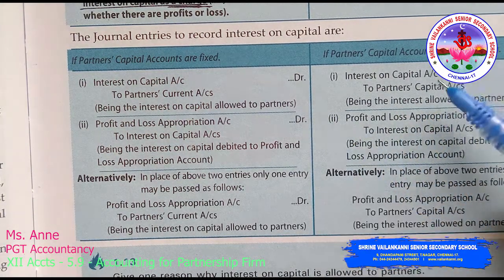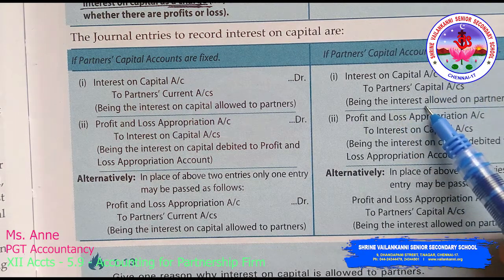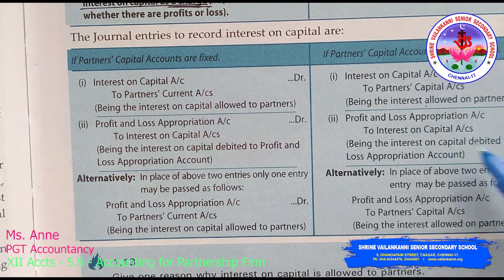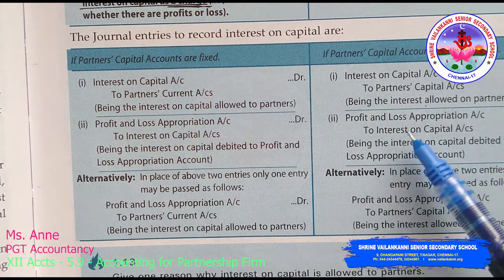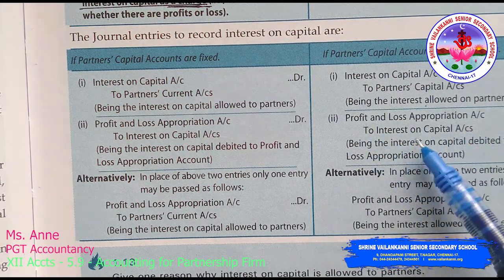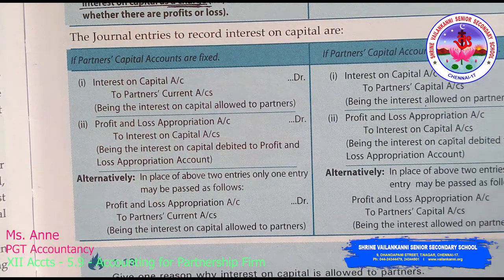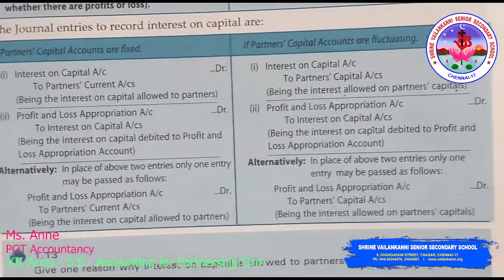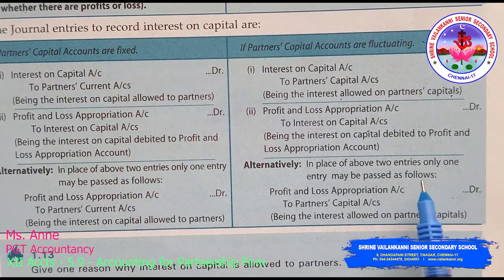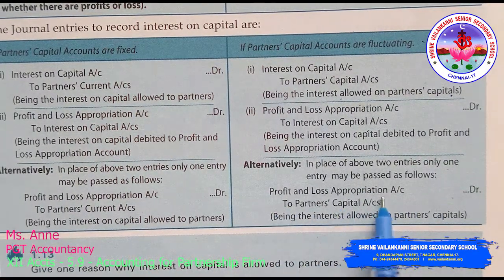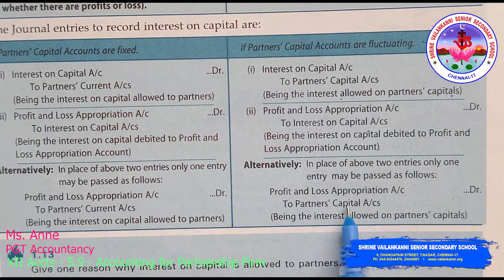Then after allowing interest, you have to transfer that interest and debit it to the P&L appropriation account. So P&L appropriation to interest on capital. In place of the above two entries, only one entry can be passed as follows: profit and loss appropriation account debit to partners' capital account.